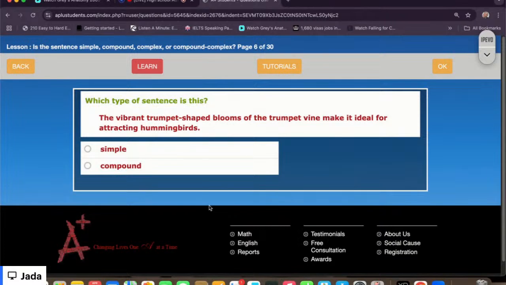The vibrant trumpet-shaped blooms of the trumpet vine make it ideal for attracting hummingbirds.